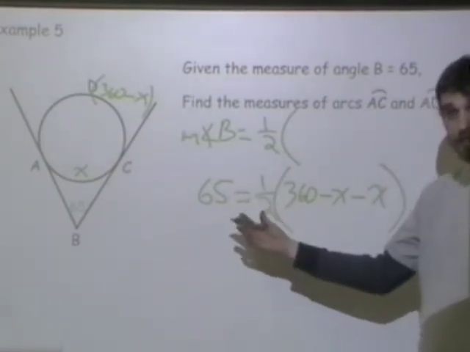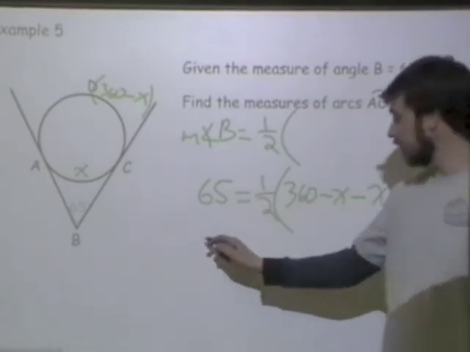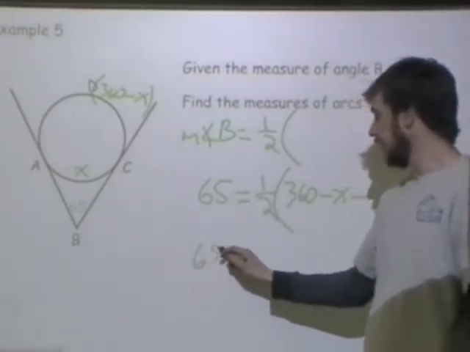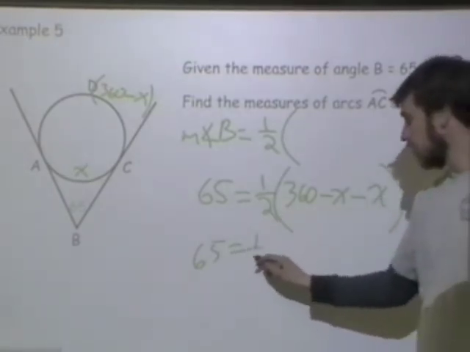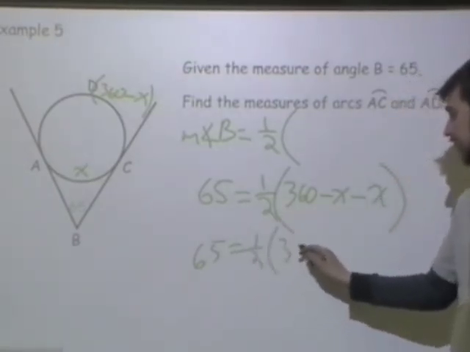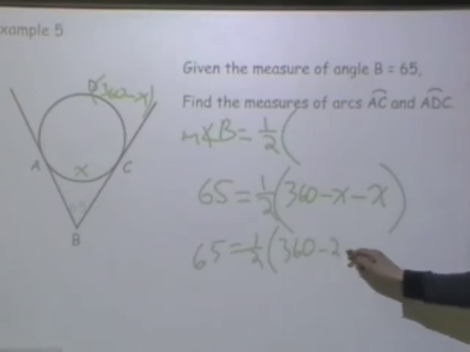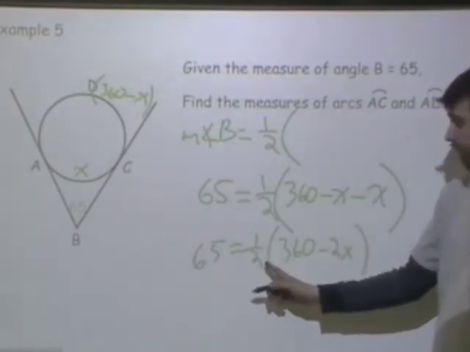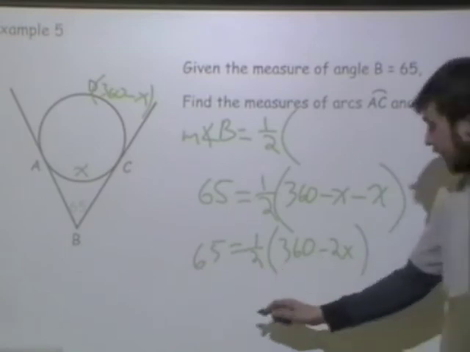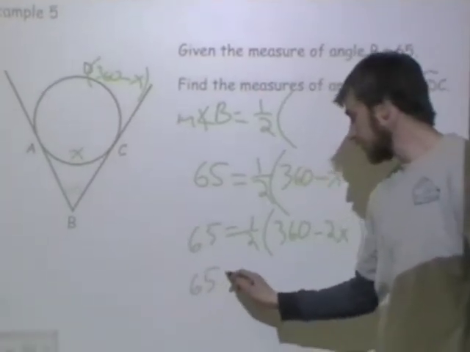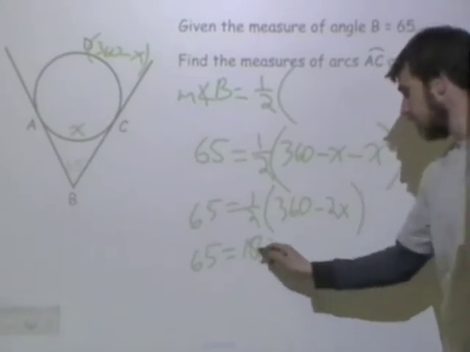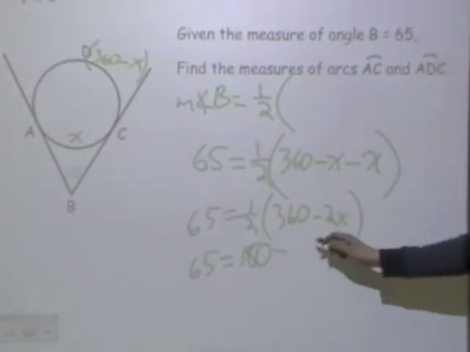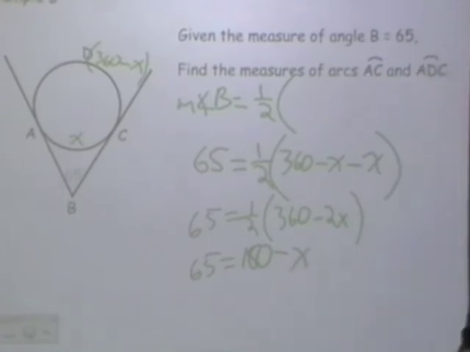We have one equation, one variable, we're good to go. 65 is equal to, I can combine my x's, so 1/2, open up parentheses, 360 minus 2 x's. And this time, instead of multiplying out the 1/2, I'm going to distribute it, since it will distribute nicely. So 65 is equal to half of 360, which is 180, minus half of 2 x's leaves us with 1x.